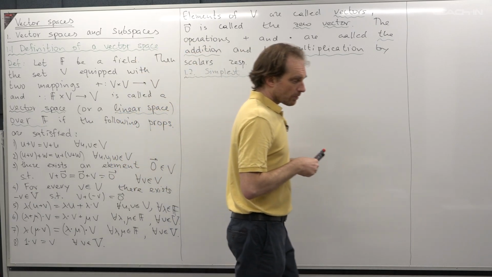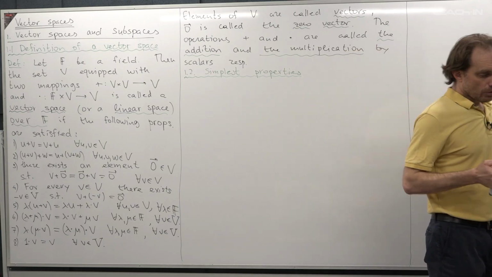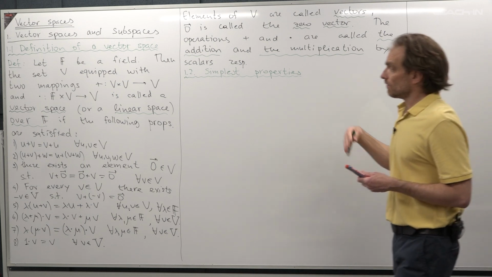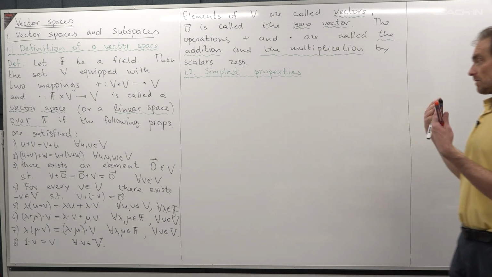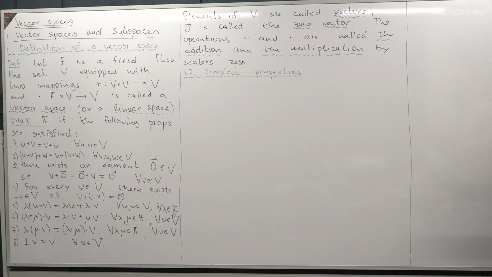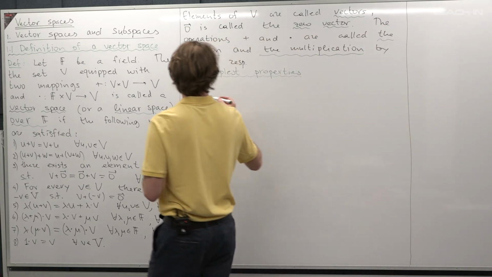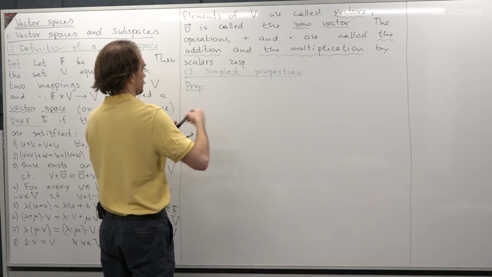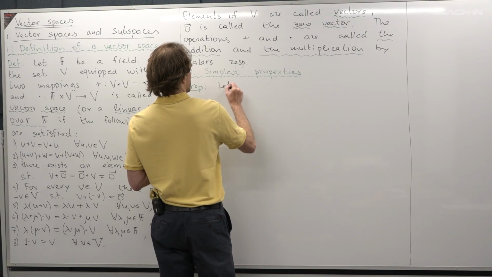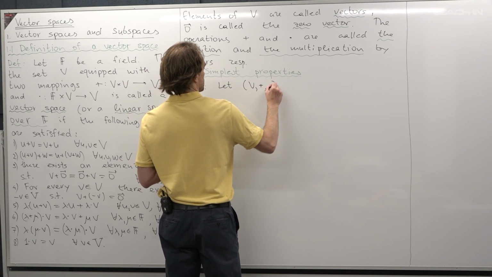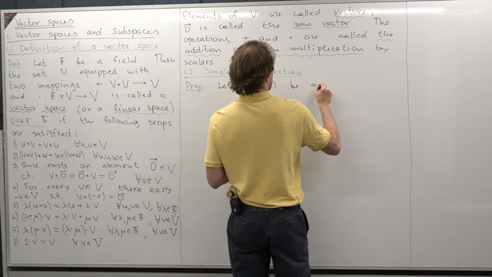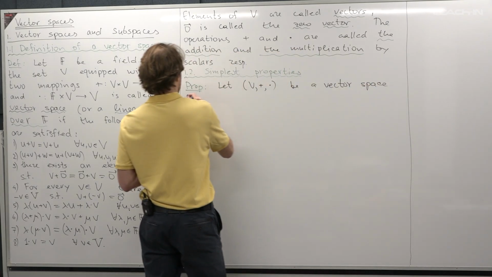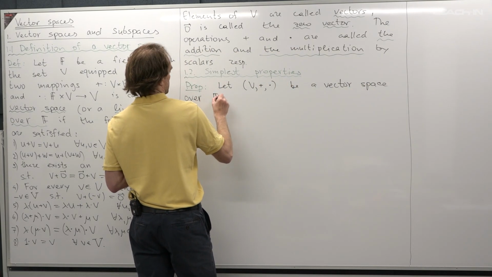So now I'm going to show that some properties typical for the coordinate space Rn follow from this abstract definition. Proposition: let V plus dot be a vector space over F, where F is the field.